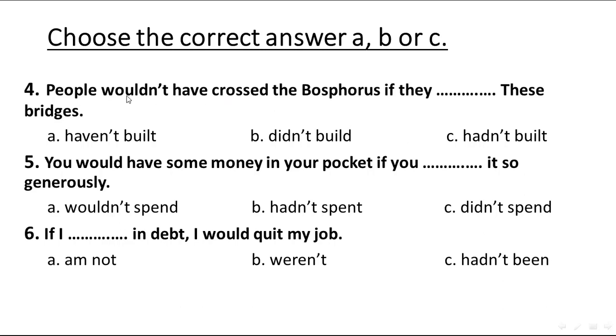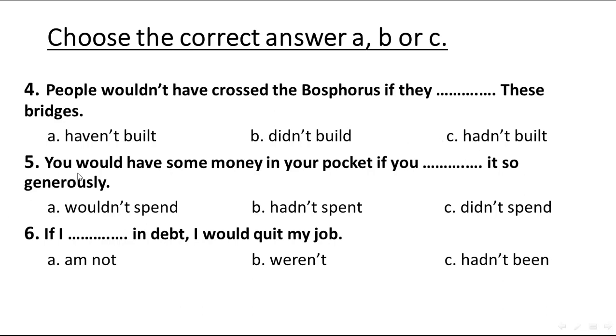So we have wouldn't, have, and past participle. So this sentence is from the third type of conditional sentences. So after if, we should have past perfect, and the correct answer is C.